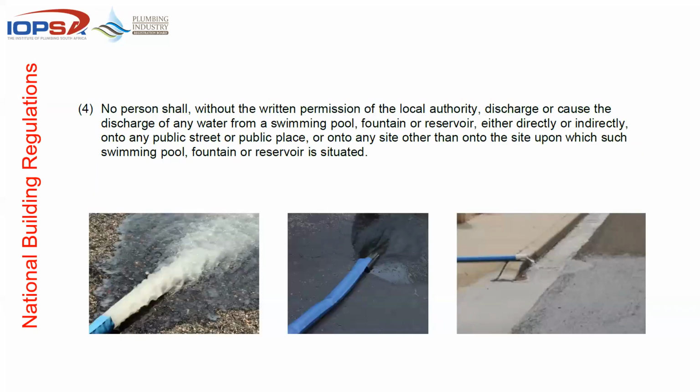Point 4, just a quick touch on, we're not going to deal too much around that. That is a no person shall, without the written permission of the local authority, discharge or cause the discharge of any water from a pool, fountain, or reservoir directly or indirectly onto a public street, public place, or any site other than the site upon which that pool, fountain, or reservoir is situated.